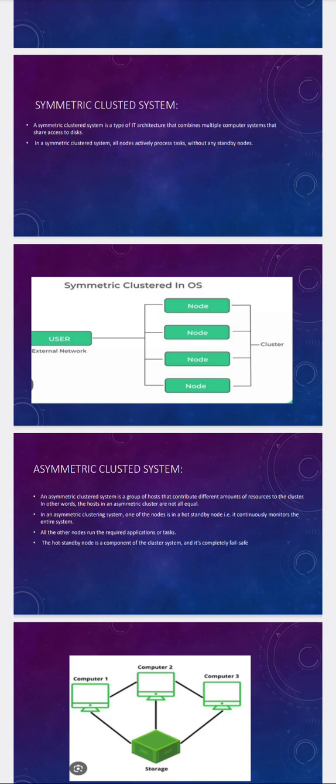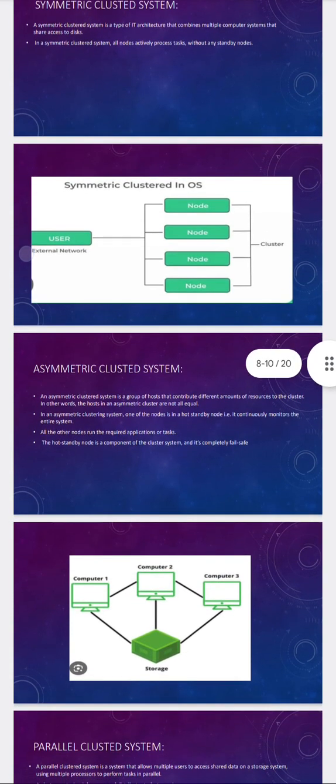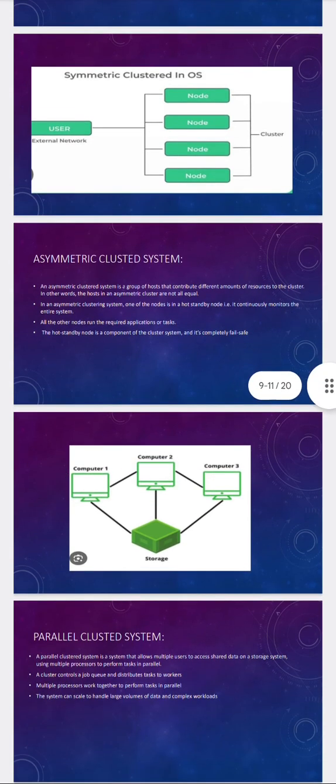In an asymmetric clustered system, a single node acts as a host to monitor the activity of the entire system, and all the other nodes run the required applications or tasks. The hot standby node is a component of the cluster system and it is completely fail-safe. I have given the diagrammatic view for the asymmetric clustered system.